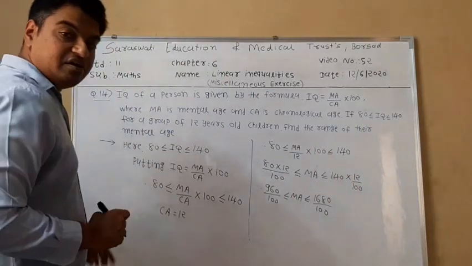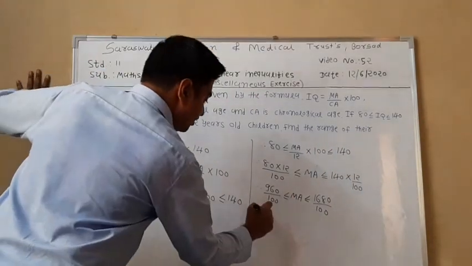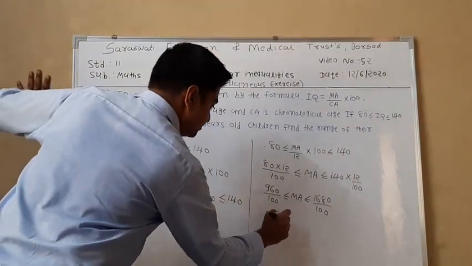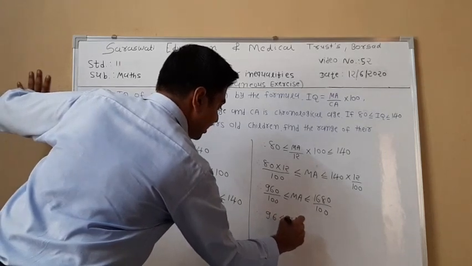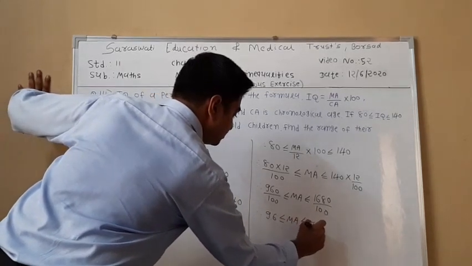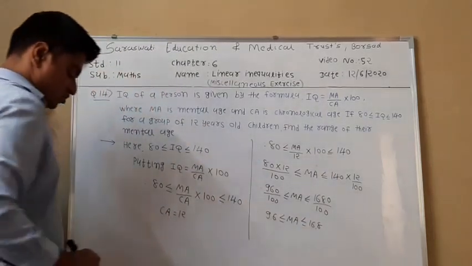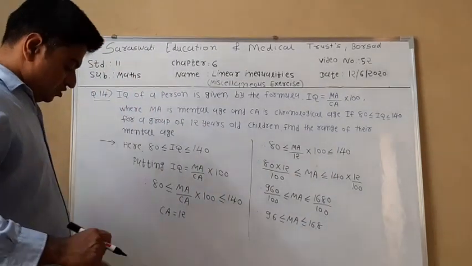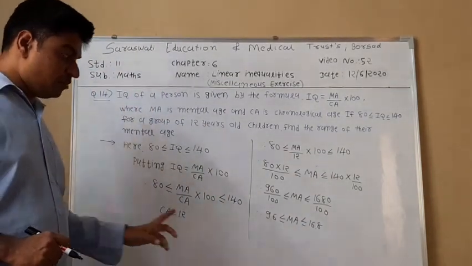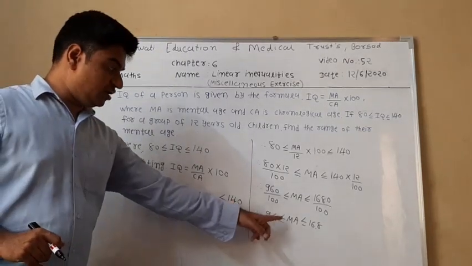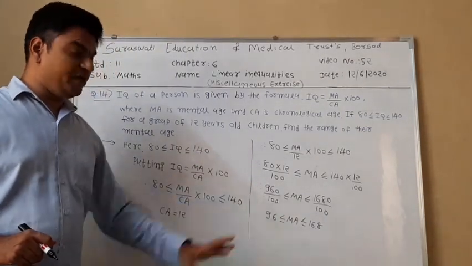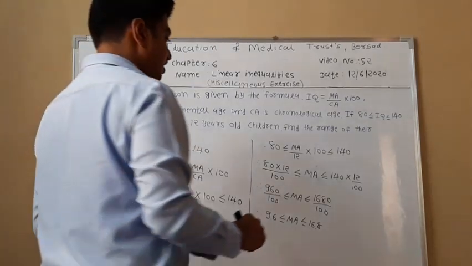Now divide by 100. So here we get 9.6 less than equal to MA less than equal to 16.8. So here the minimum of MA is equal to 9.6 and the maximum of MA is equal to 16.8.